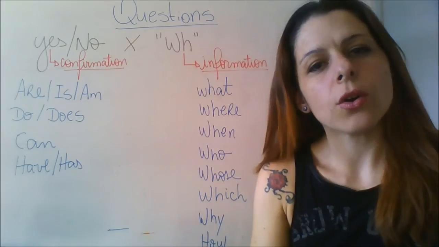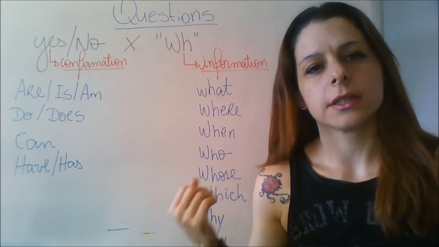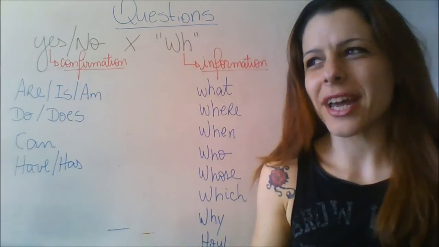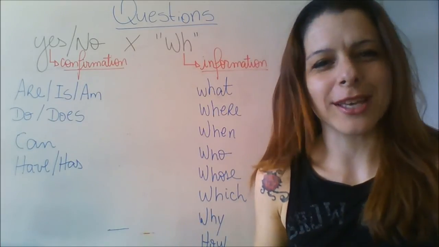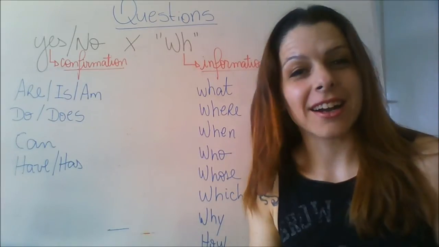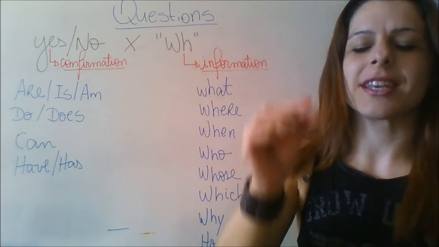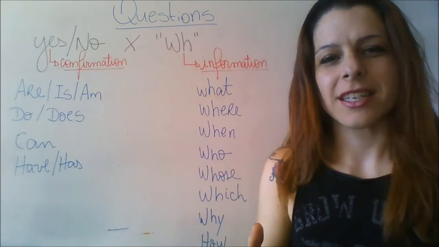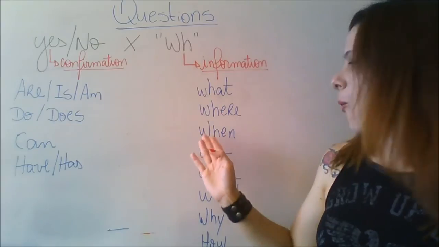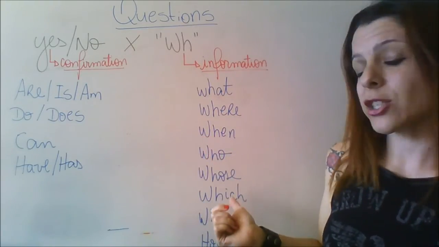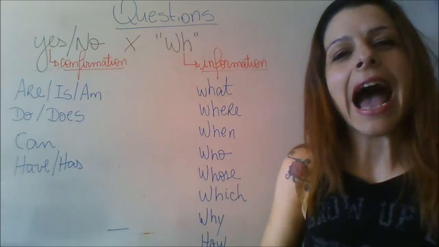So now let's go to the other part of the topic, okay? The WH questions. And when I say WH questions, I mean questions which start with words using WH. For example, what, where, when, who, whose, which, why, and how.